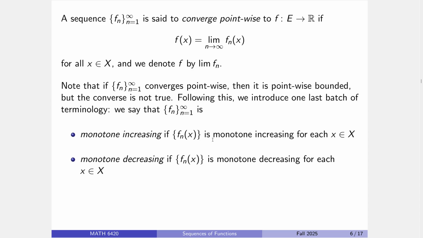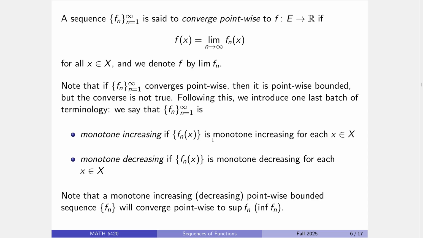Similarly, monotone decreasing is defined, and note that then a monotone increasing sequence of pointwise bounded functions will converge pointwise to their sup, and a decreasing bounded sequence will converge pointwise to its inf. All right, so we've just recontextualized a bunch of terminology that we already established for sequences to functions.